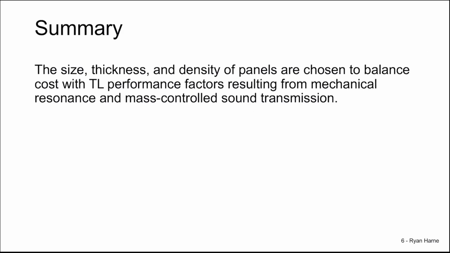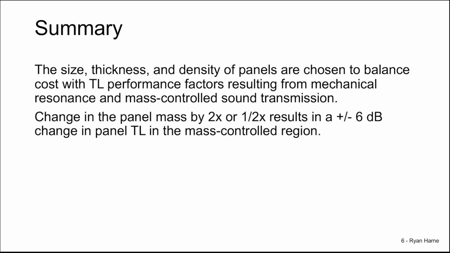To summarize what we've learned, the size, thickness, and density of panels are chosen to balance the cost with the transmission loss performance. The results come from different factors including mechanical resonance and the mass-controlled sound transmission region. Changes in the panel mass by either 2 times or 1/2 times result in a plus or minus 6 decibel change of the panel transmission loss uniformly over the mass-controlled region.